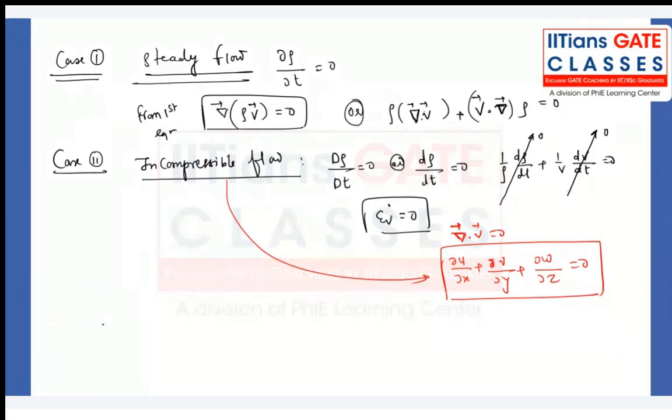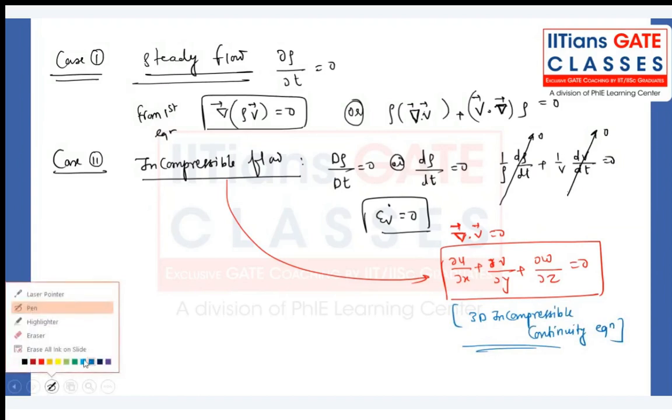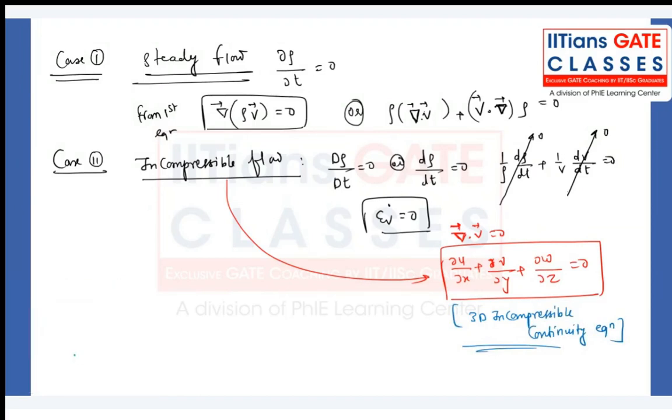That is what we call the 3D incompressible continuity equation. So make a note of it. Very, very important.